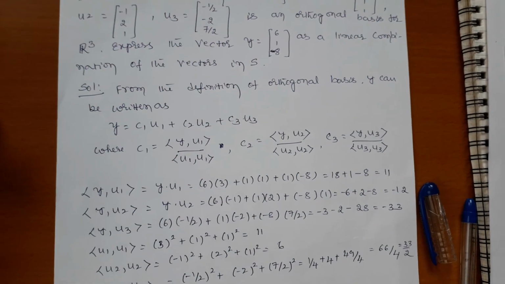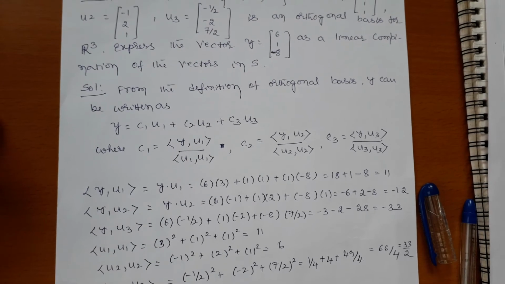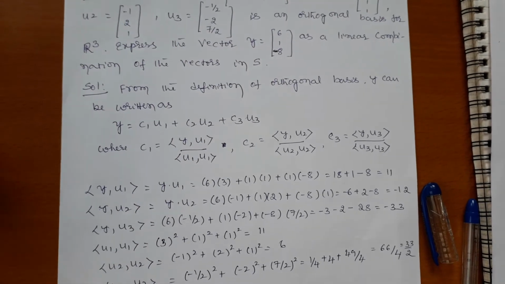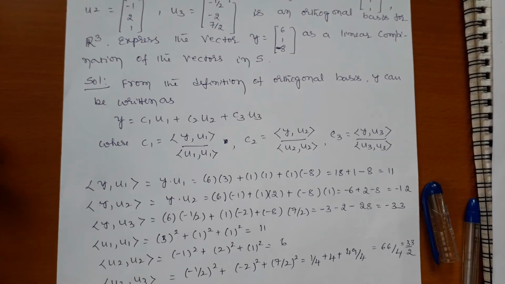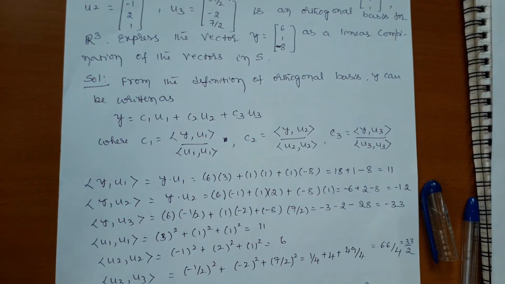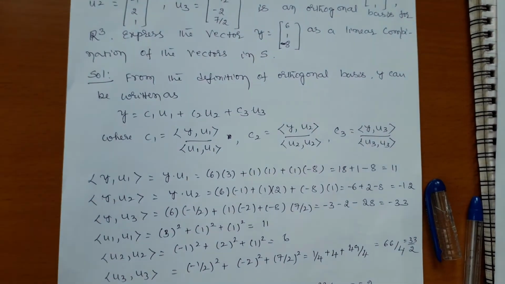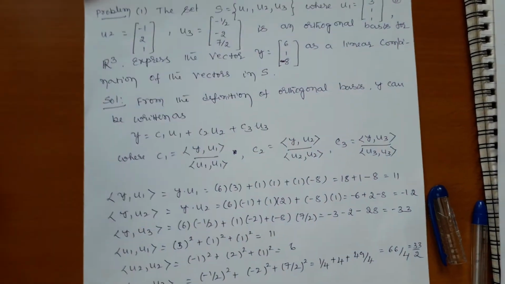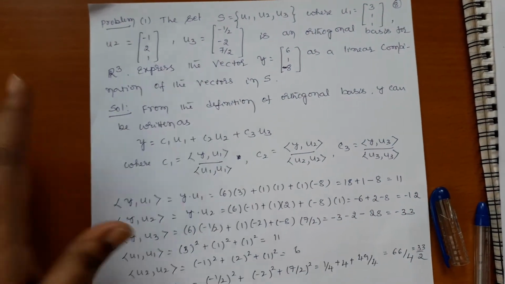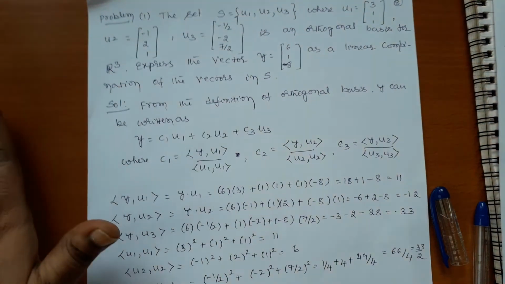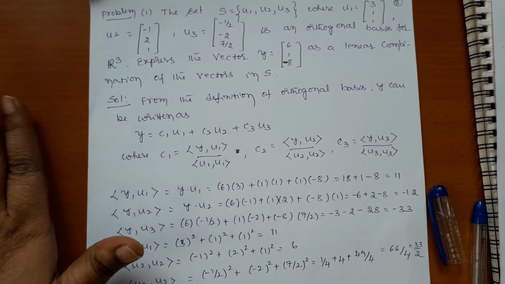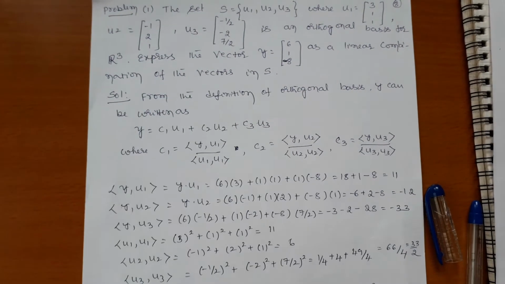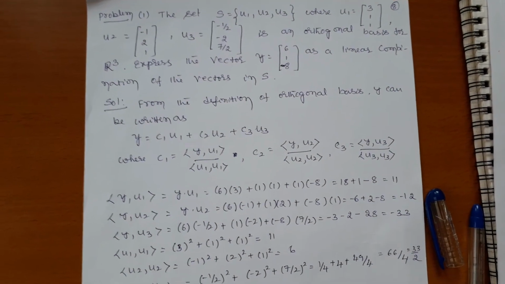Suppose S is an orthogonal set and all the vectors are non-zero vectors in the inner product space, then those vectors are linearly independent and also a basis for the corresponding inner product space. That means it's an orthogonal basis for the inner product space. Suppose the given vectors are an orthogonal basis and you choose any vector in the inner product space. How to express it as a linear combination of these vectors? How to find C1, C2, C3? Recall these things and then come and listen to my next video.